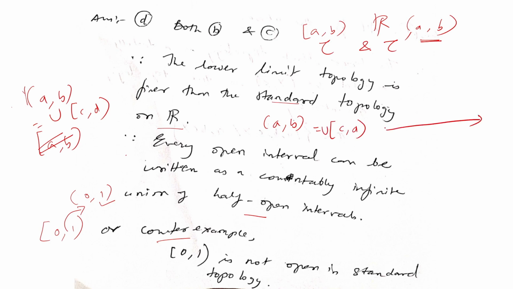Simply take a real line and take any open interval a comma b. So how can you construct this? You can take a union of such sets, right? Fine. If you take the union of such sets, you will again get your open intervals a comma b. I hope it is clear.